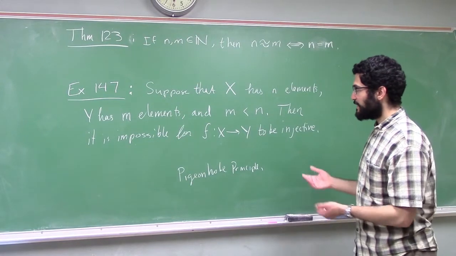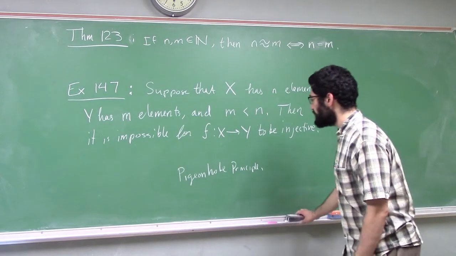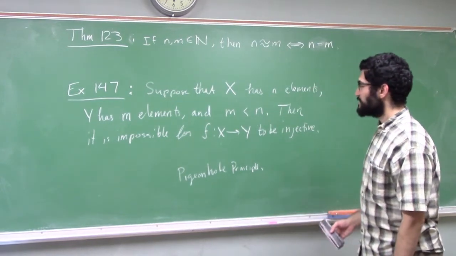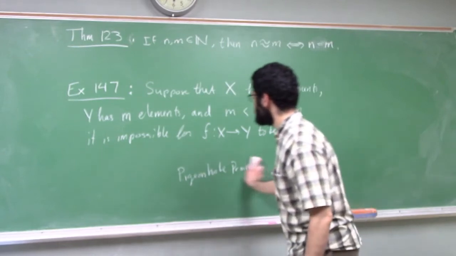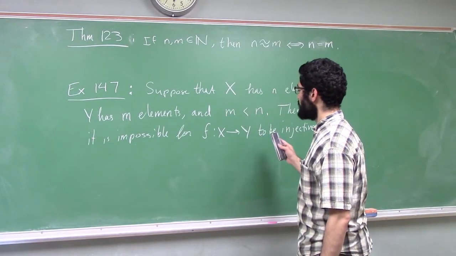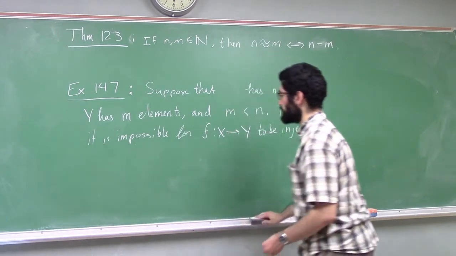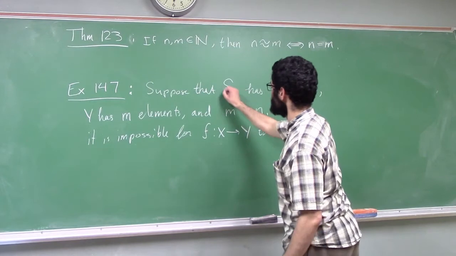So just to see what kind of arguments this lets you make in practice, let's do a silly example of the Pigeonhole Principle. So let's say x is the set of students in the course.